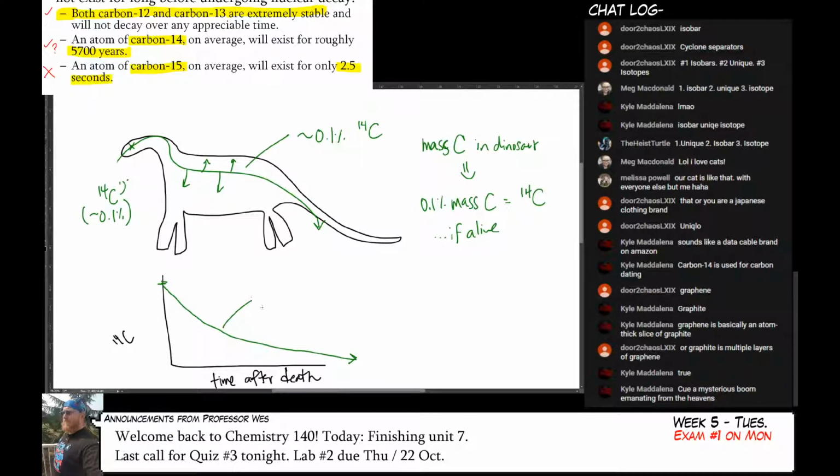Well, you can model an equation to this. And it's something like this. And if you know the amount of carbon-14 in there, you can figure out how many years have passed since the creature was alive. And this is called carbon-14 dating.